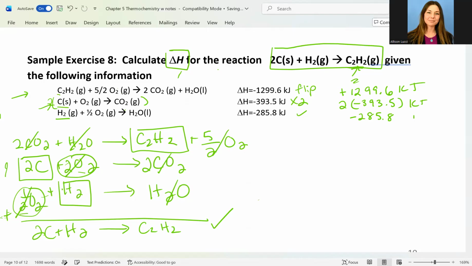And these are all kilojoules. So we can find the product of 2 times negative 393.5, add that to positive 1299.6, and then subtract 285.8. So overall, we would see a positive 226 kilojoules for this reaction.